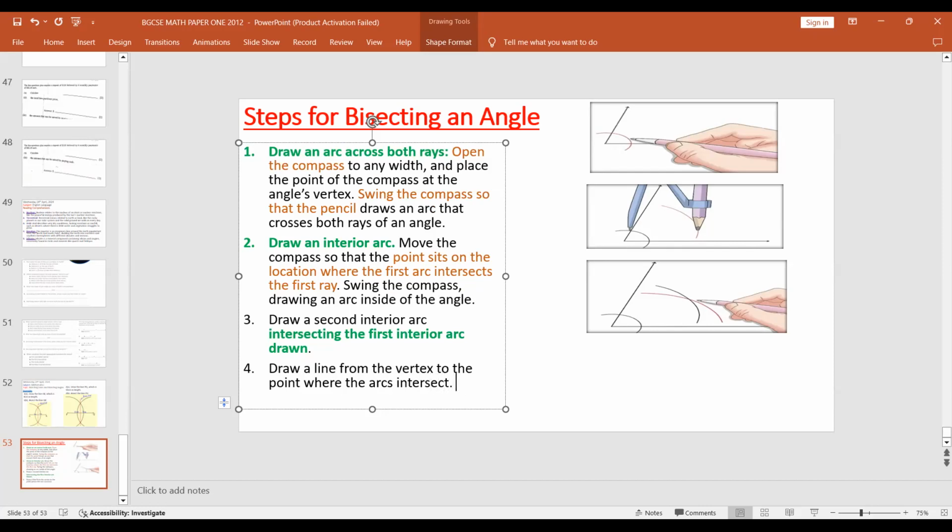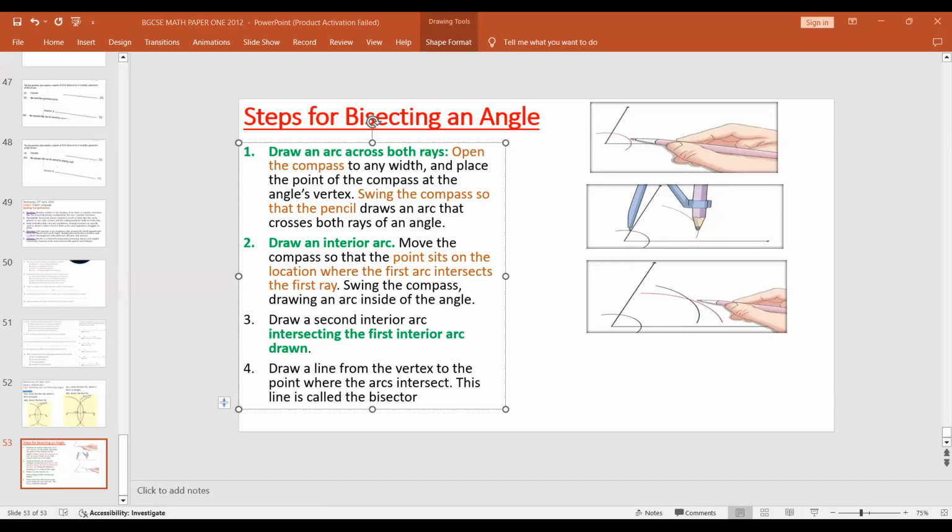So we're going to draw a line from the vertex to the point where the arcs intersect. This line is called the bisector. And so this is going to be a line that's going to bisect that angle. They call it the bisector.